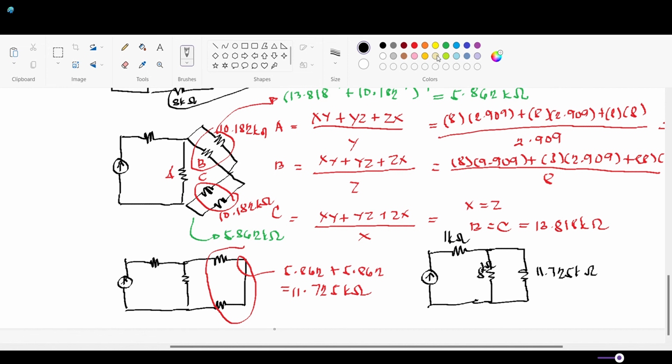Now, these are in parallel with each other. So this is 8 raised to negative 1 plus 11.725 raised to negative 1, all raised to negative 1. And this is equal to 4.755 kilo ohms.